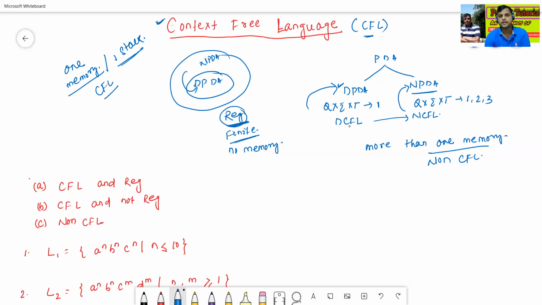Remember one thing, every regular language is context-free, but every context-free language need not be regular. Now we'll see some examples.